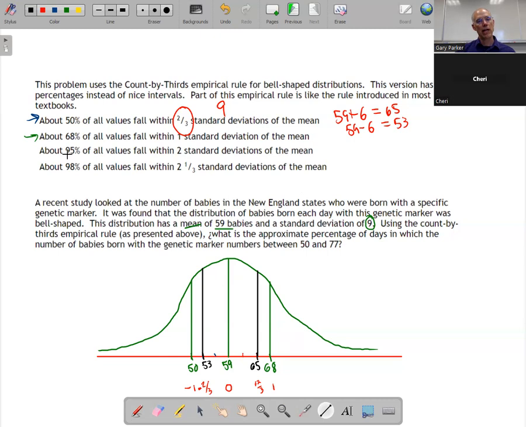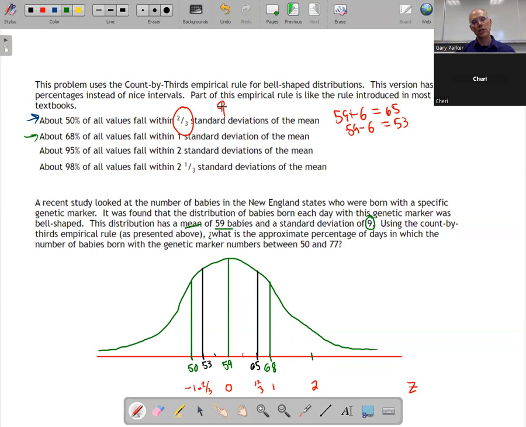And then they give me the 95% rule, which is 2 standard deviations. So let's mark that one. So this is 1 standard deviation. 2 standard deviations would be about here-ish. So that's a z-score of 2. So these are z-scores down here.